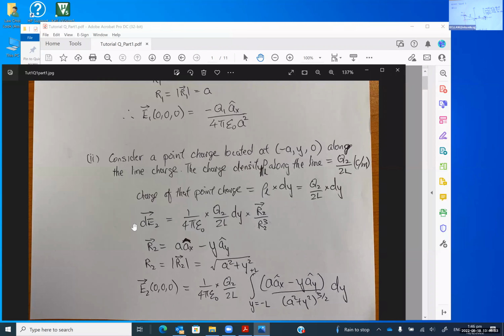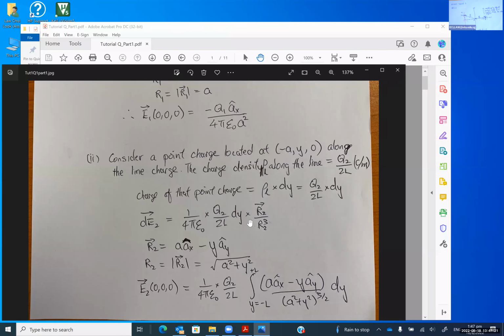Okay, so if you put this R vector into here, how do you get the magnitude? In this case, each unit vector coefficient squared. So I have a squared plus minus y squared, which is also y squared, and then you take the square root of the whole thing. So that's why it's the square root of a squared plus y squared.